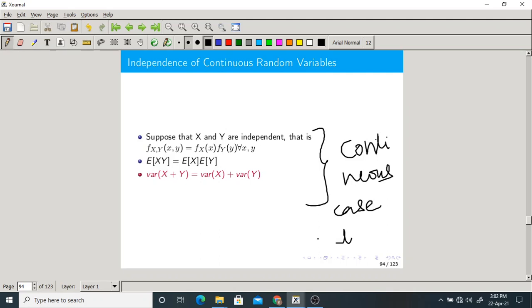We have discussed these things in the case of discrete random variables, and they also hold good in the case of continuous random variables. That's it. So remember this condition for independence. Basically, there are three conditions. This is the main condition, and from this condition we can derive the remaining two.